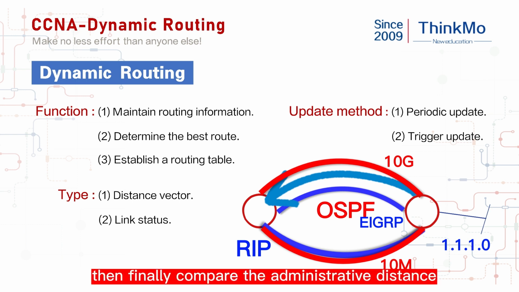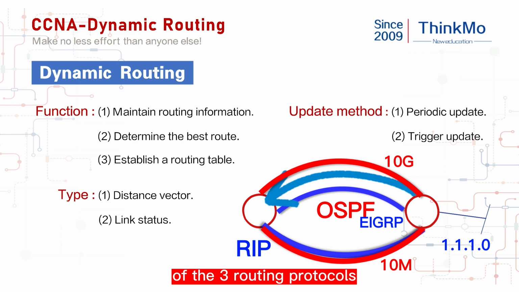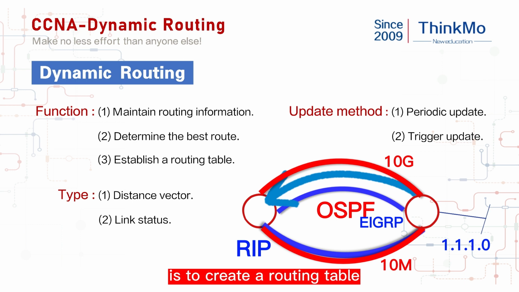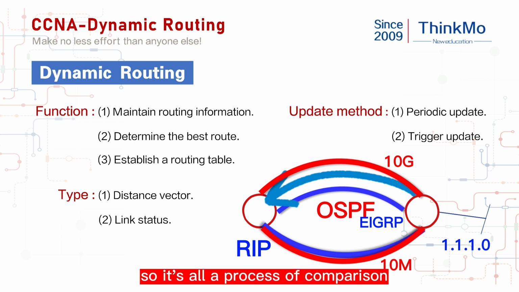Then finally we compare the administrative distance of the three routing protocols and choose an optimal one to add to the routing table. So it's all a process of comparison.